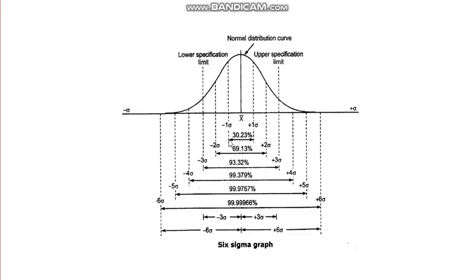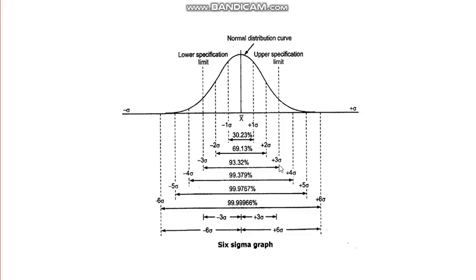Okay, so suppose you are taking 1 sigma, then 30.23%, only these many will be non-defectives, the others will be defectives. If you take 2 sigma, 69.13% will be non-defectives, and the others, around 30%, are defectives.